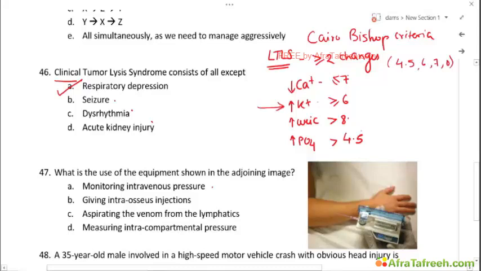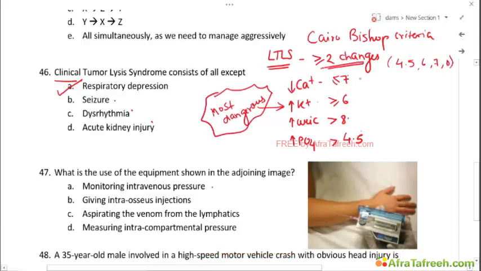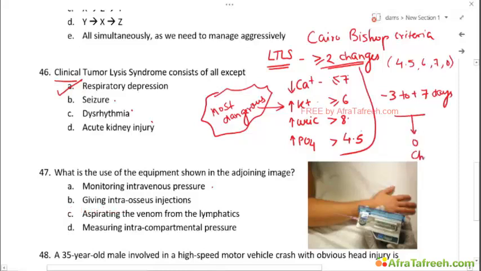Okay, so it's easy to remember. 4, 5, 6, 7, 8. Of this, potassium is the most dangerous. Obviously, hyperkalemia being the most dangerous abnormality. If any two or more changes of the following are present, and what is the time frame? If it starts -3 to +7 days, that is, on day 0, you start chemotherapy.